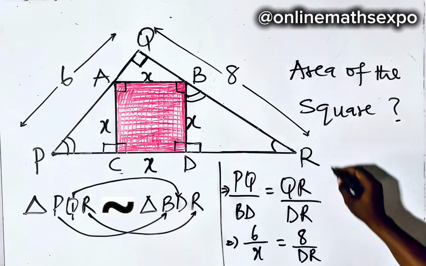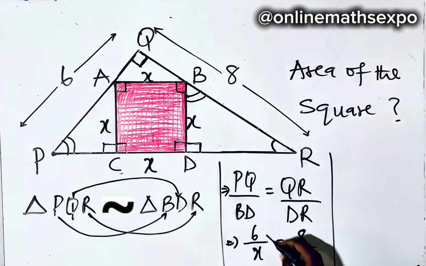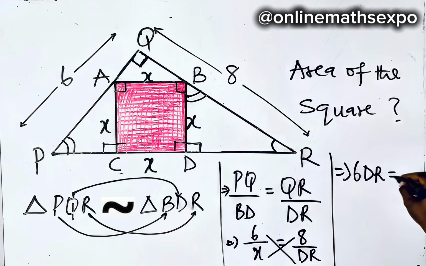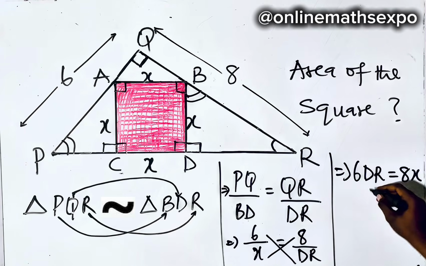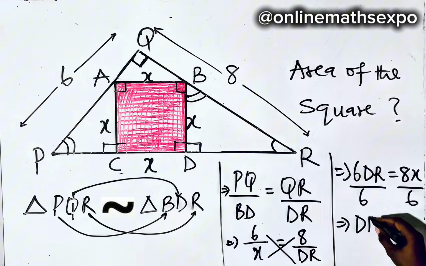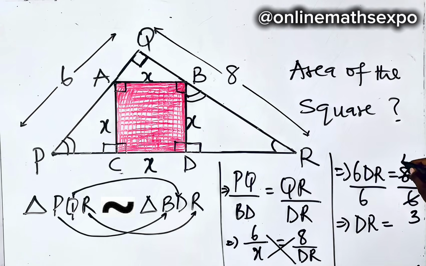So what should we do? We cross multiply. We want to find this DR. So 6DR should be equal to X times 8, which gives us 8X. To get DR, divide by 6. Dividing by 2, 6 becomes 3 and 8 becomes 4.